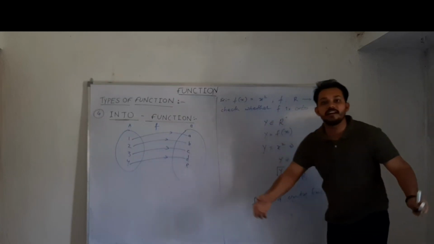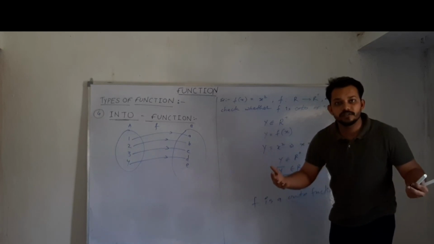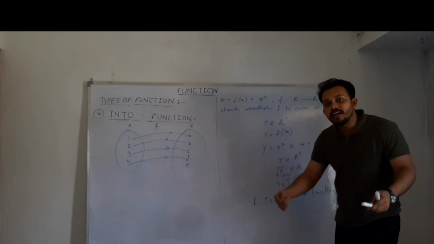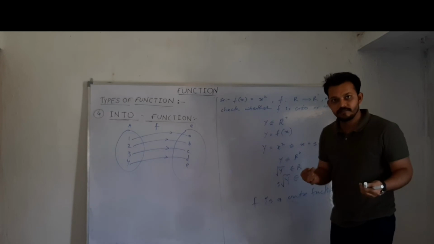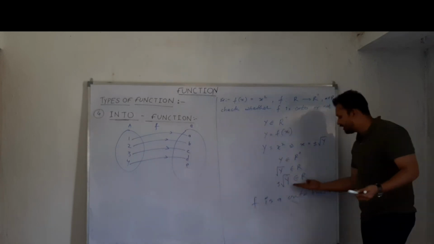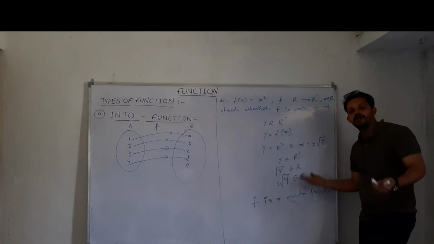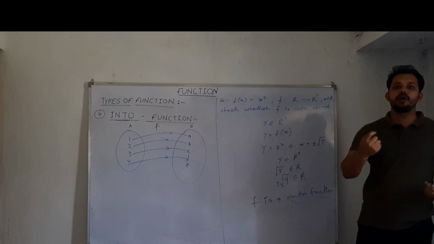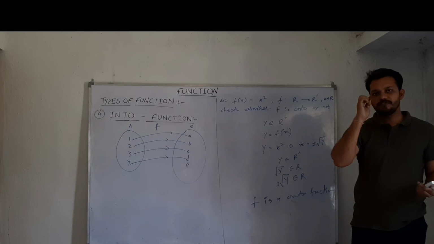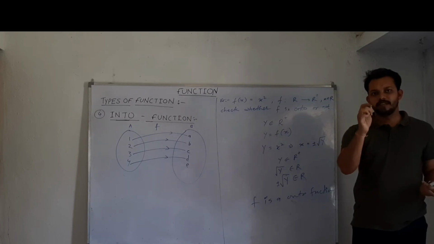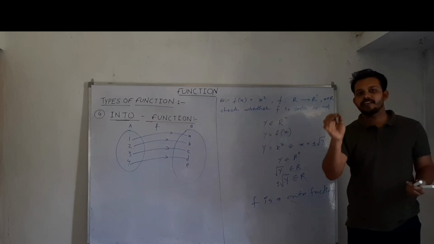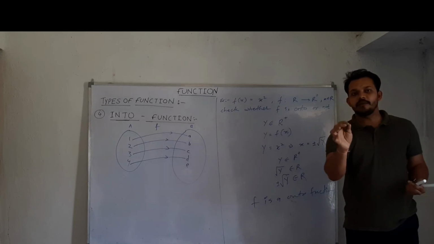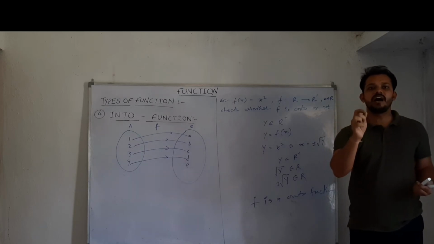Then how can we define the value of x for that value of y? That's why, by using the same rule, we can check whether the given function is into or not. If for a single value of y from the codomain, x does not exist, that means that function is an into function.